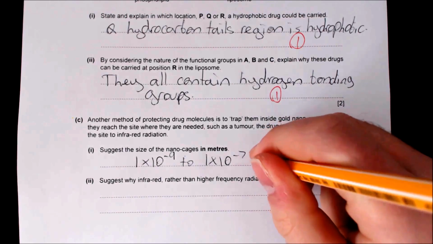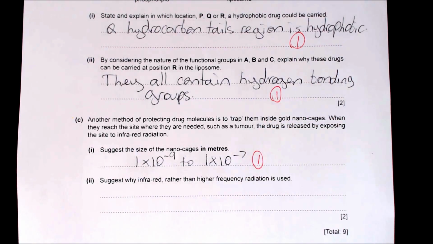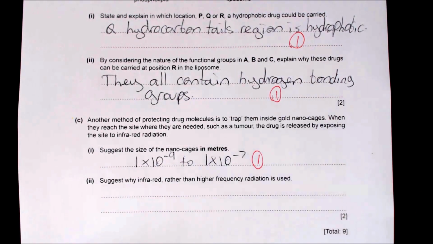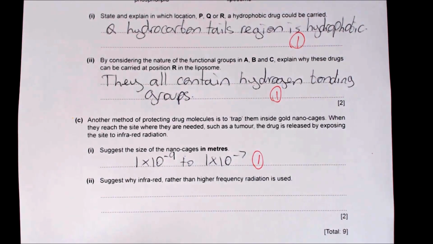And then the last one, it says suggest why infrared rather than higher frequency radiation is used. Right, if we obviously radiated people with a higher frequency, the higher frequency would have more energy, and this is going to cause cell damage, which isn't good. Obviously, if you're detecting the tumor, you don't want to cause any more damage than you have to. So using a lower frequency would mean lower energy, so therefore it's safer to use.